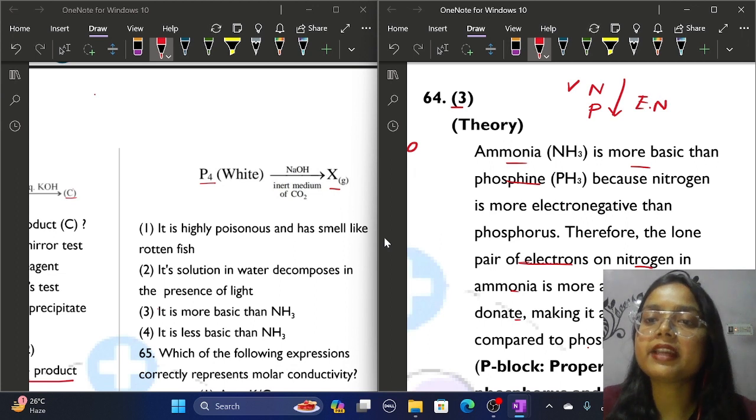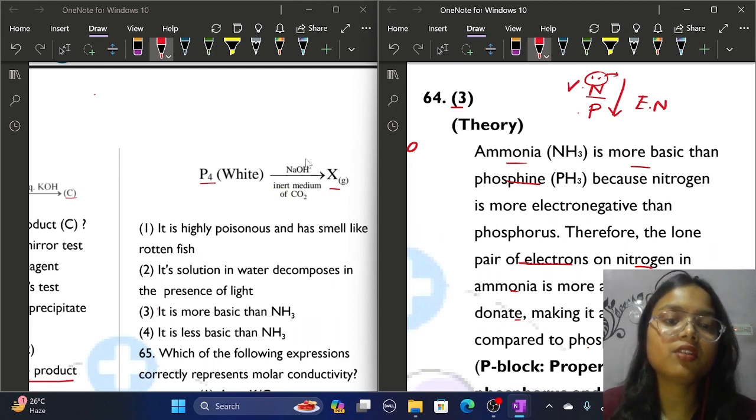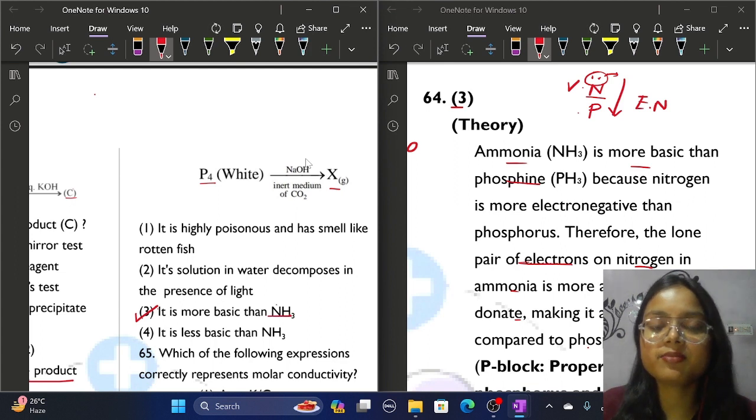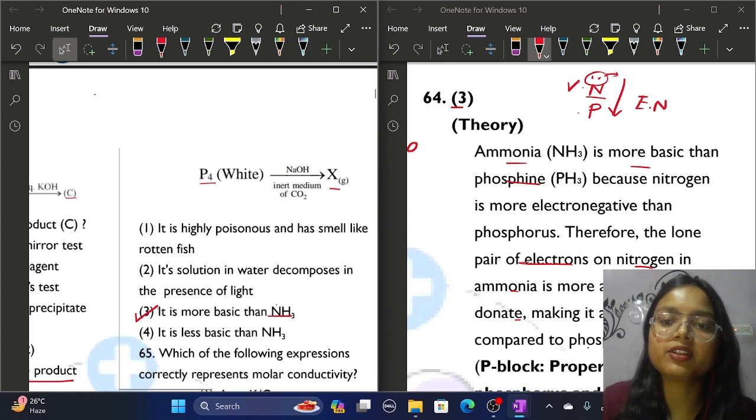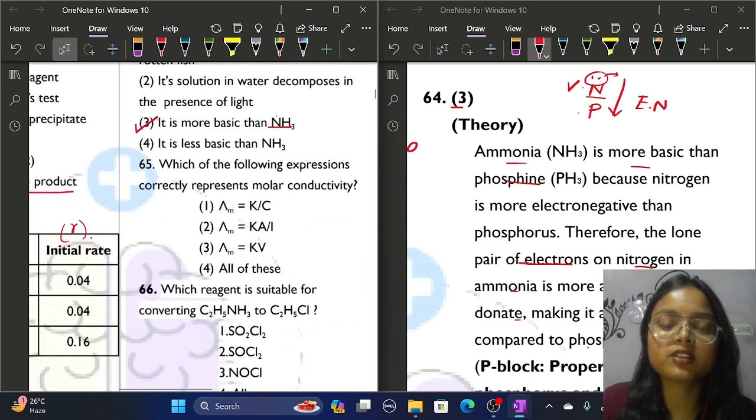Nitrogen's lone pairs are easily donated, which makes it a stronger base. So on comparing these two, nitrogen is more basic and can donate the lone pair easily. So option 3 is correct, that NH3 is more basic because nitrogen is more electronegative than phosphorus, or we can say phosphine.